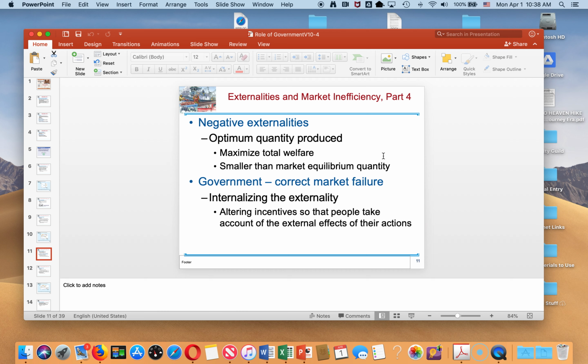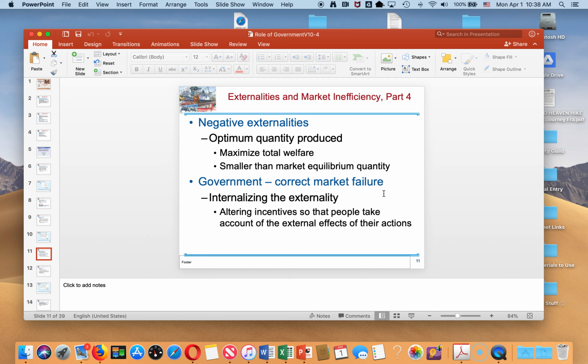Now, who is going to step in to make this correction if the individual producers are not willing to? Well, that falls upon the third party, aka the government. And when the government seeks to correct that market failure, the government is in essence internalizing the externality. And they are altering incentives so that people take account of their external effects upon their action.